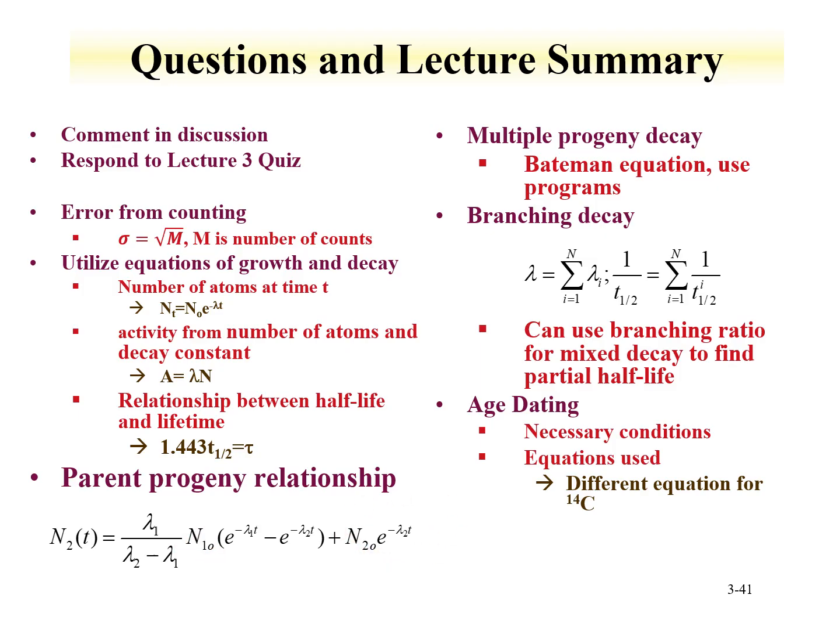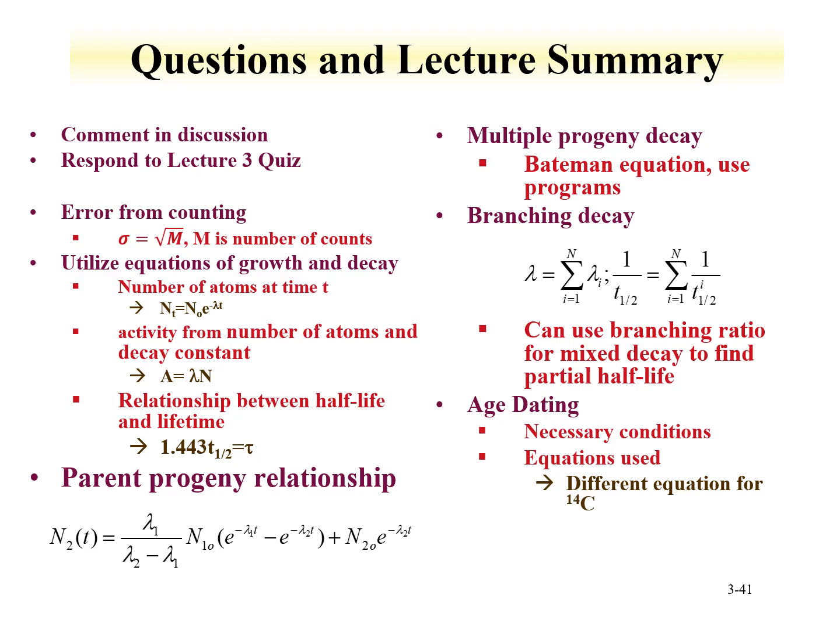Relationships were also presented that can simplify this equation based upon the half-lives of the parent and the progeny. You should be able to do calculations for multiple progeny using programs and understand that the Bateman equation is used to do multiple progeny. However, you will not be asked to develop programs or spreadsheets for doing the Bateman equation.